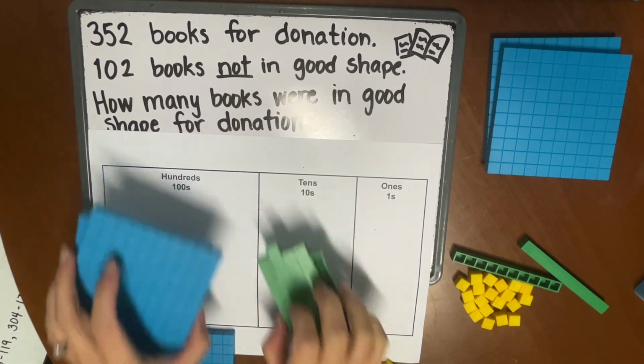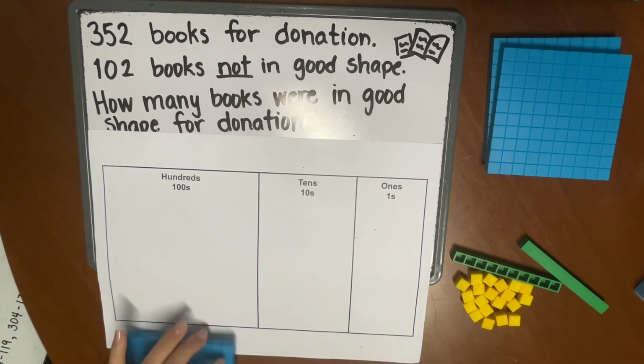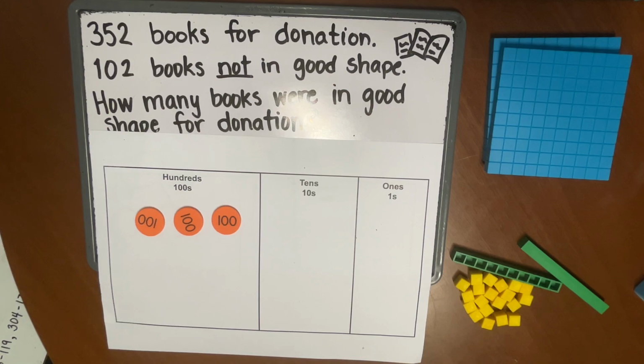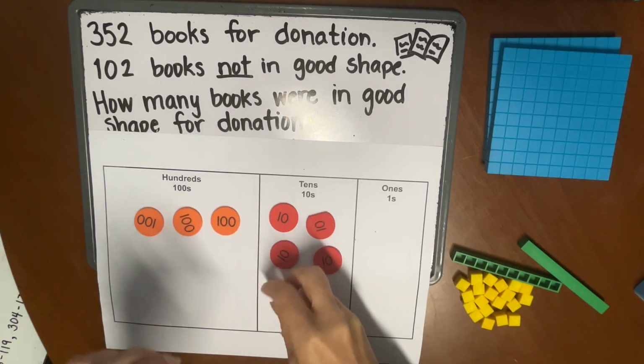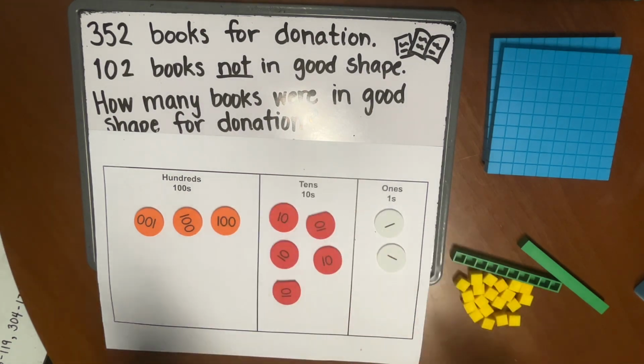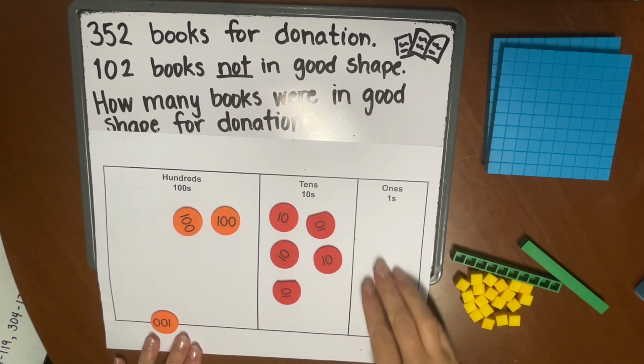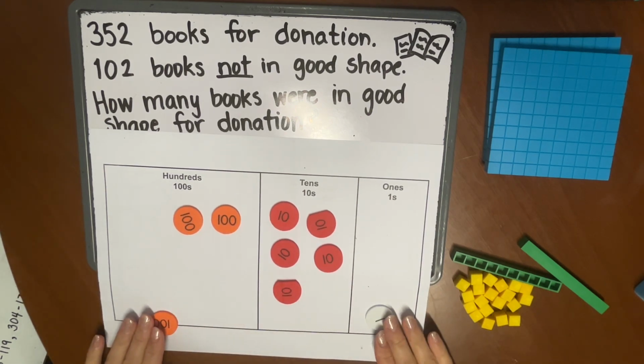Let's check it with our place value discs. 350 and 2 were in total. And I know that 102 of them were not in good shape.